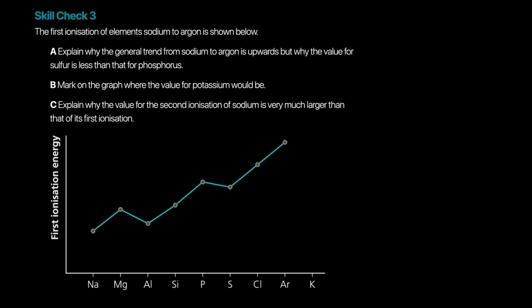So explain why the general trend from sodium to argon is upwards, but why the value for sulfur is less than that of phosphorus. So there are two parts of the question. First part is explain why there's a general trend upwards.